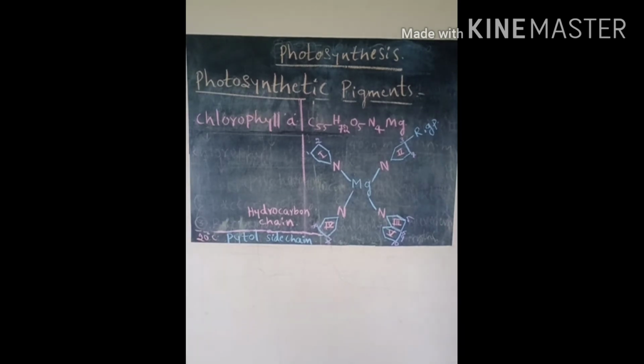Here it is carbon number 1, 2, 3, 4, and this one is 5, 6th carbon atom, and here 7th, 8th, and last 9th and 10th, and the remaining carbon atoms are present at the tail part of the chlorophyll molecule, which includes the 20 carbon atoms. That tail part is made of hydrocarbon. So that tail part is called the phytol tail or phytol side chain of a chlorophyll molecule.